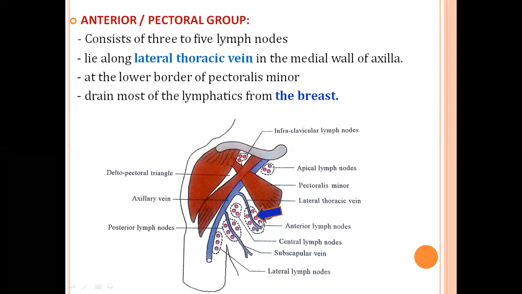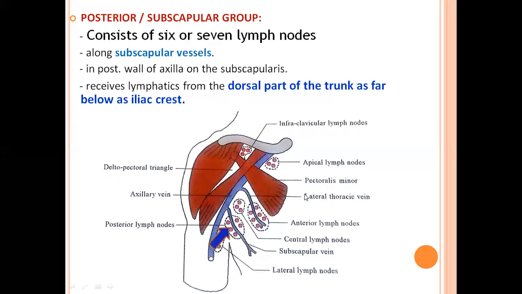That's the reason, under clinical anatomy of the mammary gland, if there is any cancer in the mammary gland, the axillary lymph nodes are palpated because the cancer cells spread through the lymphatics. The first group you will check is the anterior group of lymph nodes, also called sentinel lymph nodes. And they drain most of the lymphatics from the breast.